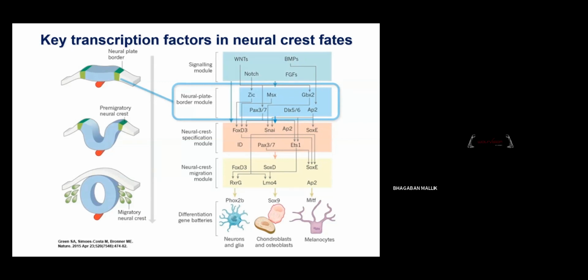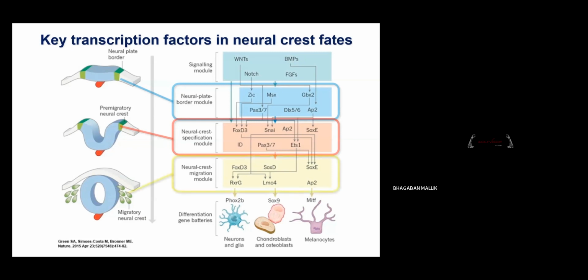These are the transcription factors which express in this stage: PAX3/7 or GBX2. Then when the neural tube invaginates and comes to the mid stage of closure, these are the transcription factors which express, like FOXD3. You have SOX-E, and PAX3/7 also expresses.